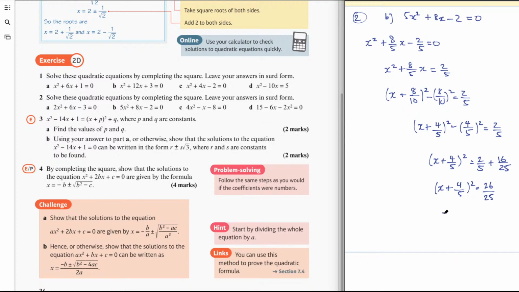And then take the square root. So we've got x plus 4 on 5 equal to positive or negative square root of 26 on 25. You could simplify this to root 26 on 5, which I might do actually.